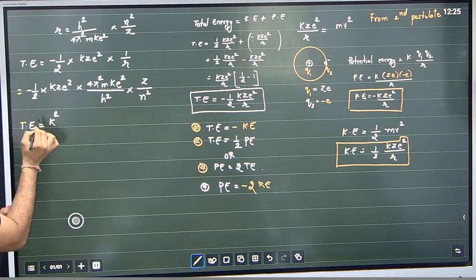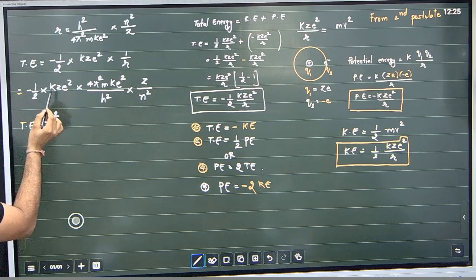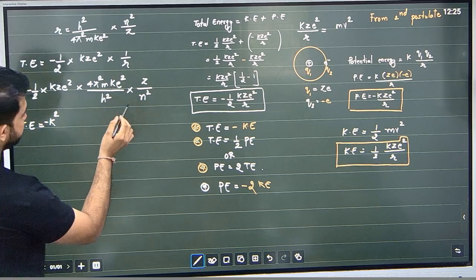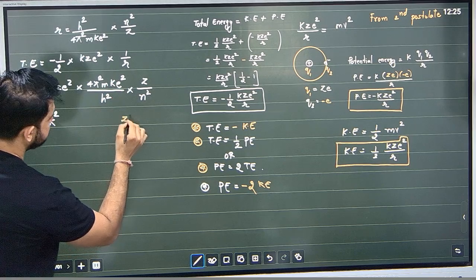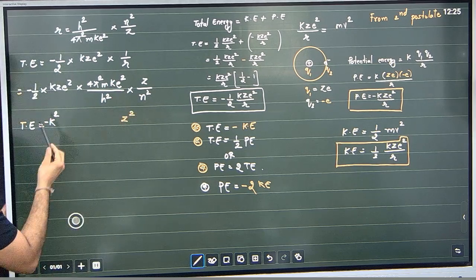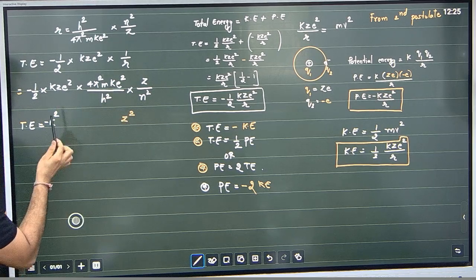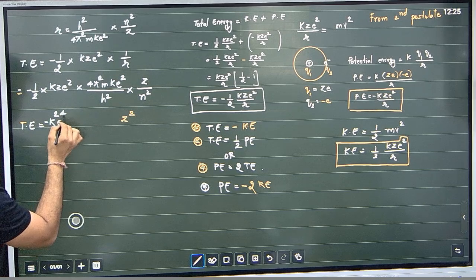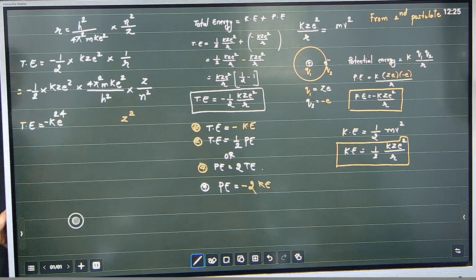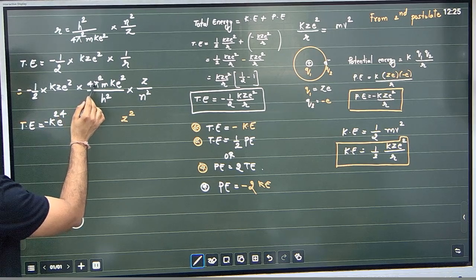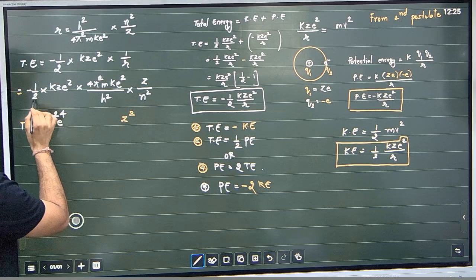In negative, I'll keep here. Z with this Z is going to become Z squared. E square is going to become e raised to 4. 4 pi square.